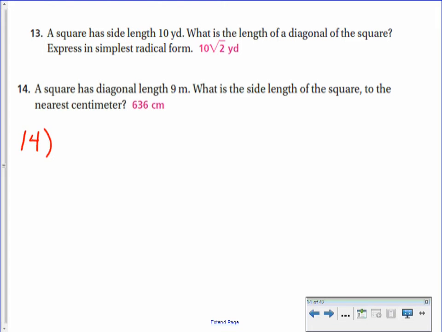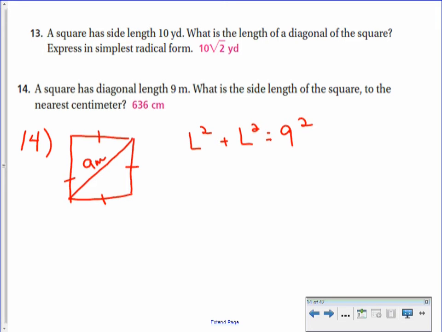It says we have a diagonal of 9 meters. We have our square. Diagonal is 9. So we need to figure out what the legs are. What is true of our two legs? So that means that I have leg 1 that is going to be the same as leg 2, which should be equal to leg squared.